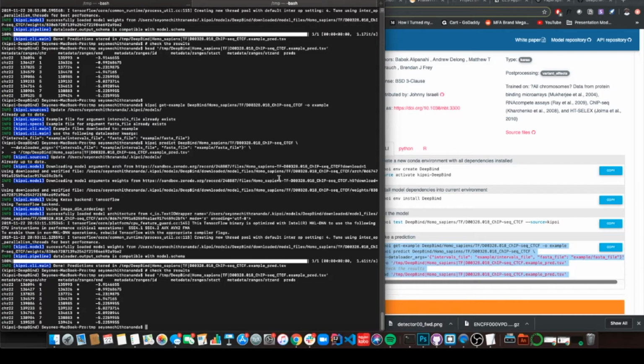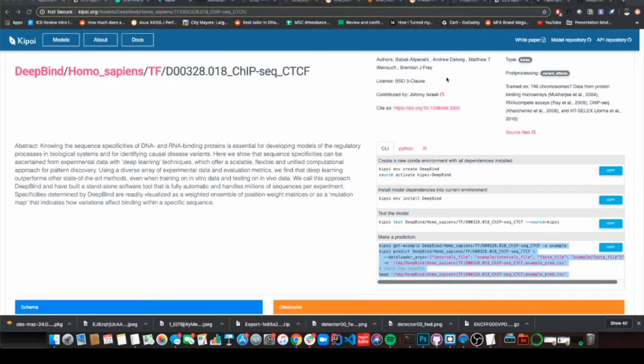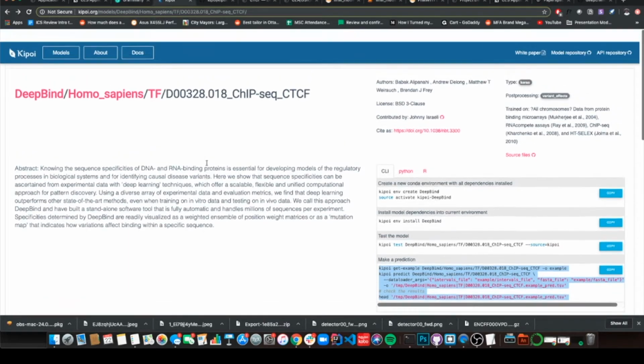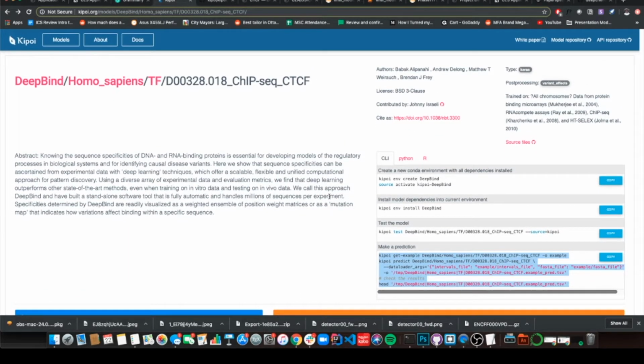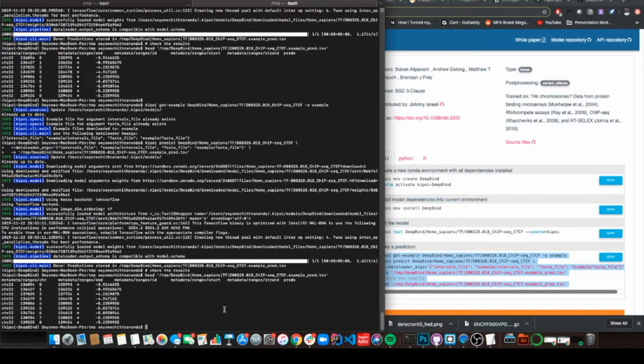The model is already trained on the A549 ChIP-seq data set, but what we're doing here is taking a data loader from Kupoy and training it on a specific CTCF data set from Kupoy, which is data from the Human Genome Project. And from here, we can visualize how the model scores.